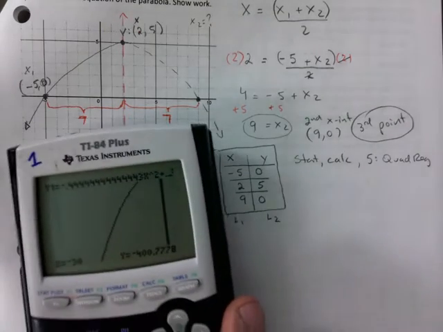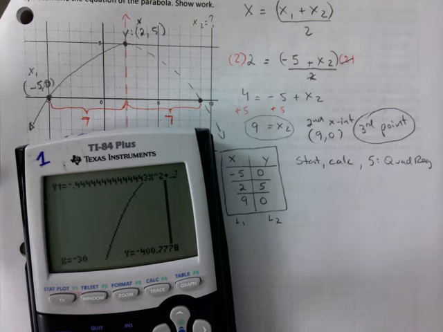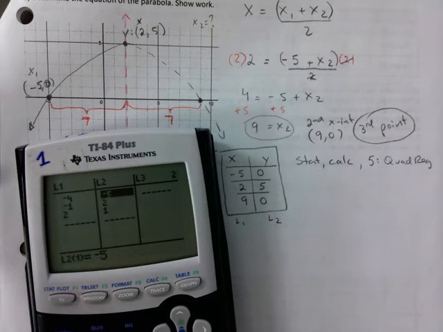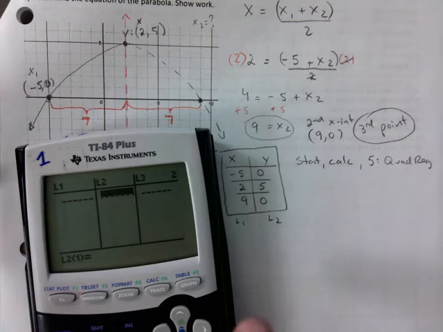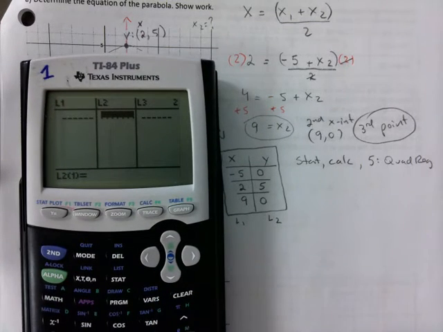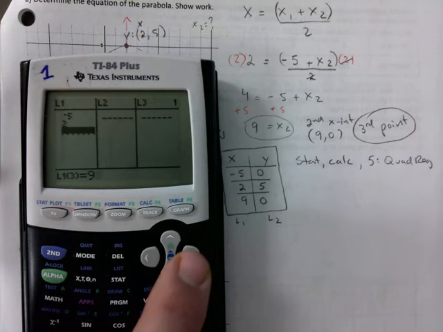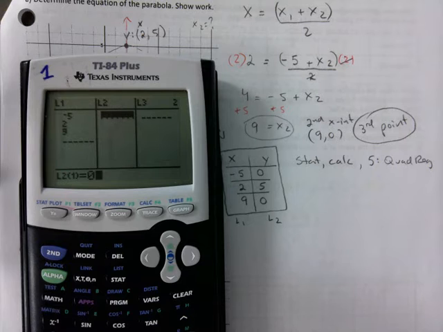So what do we need to do first, guys? We need to go to stat, edit, and let's clear both lists. Hit clear, enter. You go to the top and then type in the values: -5, 2, and 9, enter. Then it's 0, enter, 5, enter, 0, enter. If you make a mistake, the coordinates do not make sense to the calculator, it will say something about dimensions. It can't do it, right?